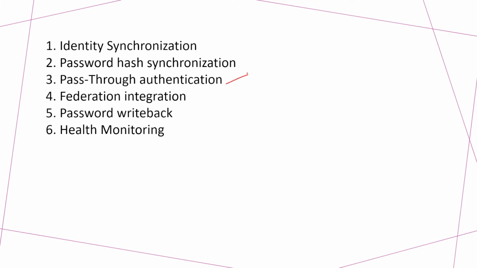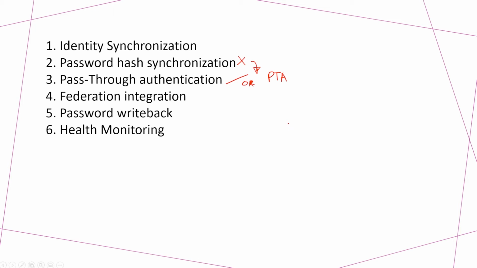Okay, so next one is Pass-Through Authentication, or PTA. Yeah, that's the abbreviation for that. So pass-through authentication is an alternative to Azure AD password hash synchronization and provides the same benefit of cloud authentication to organizations. So if you can't do hash sync, you do pass-through authentication.